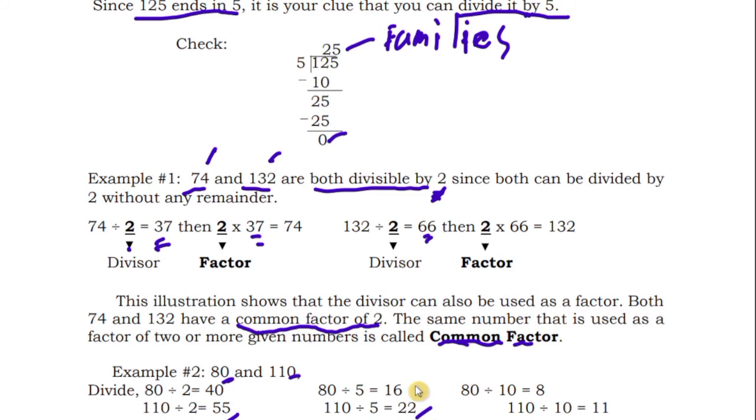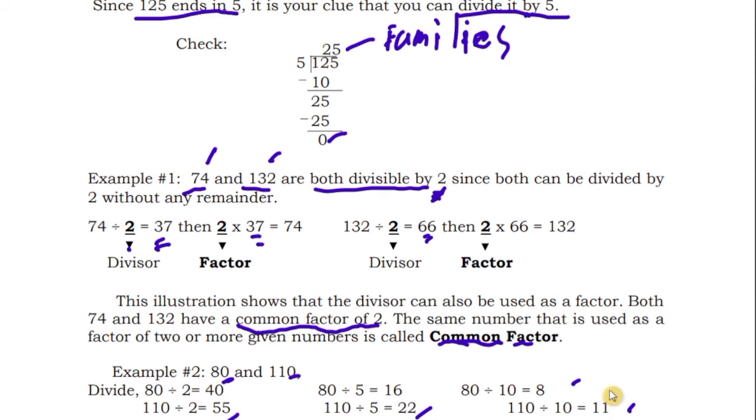So 80 and 110 are also divisible by 5. Same with 10: 80 divided by 10 is 8, and 110 divided by 10 is 11. So it is also divisible by 10.